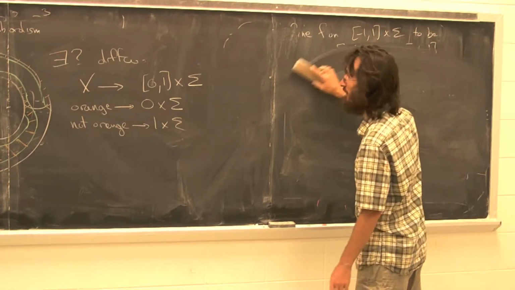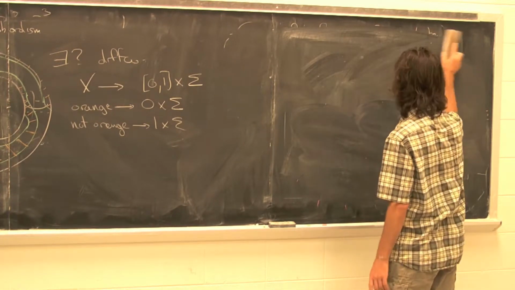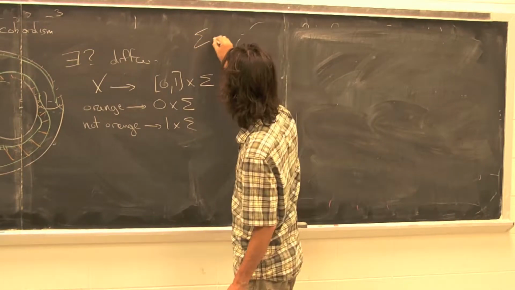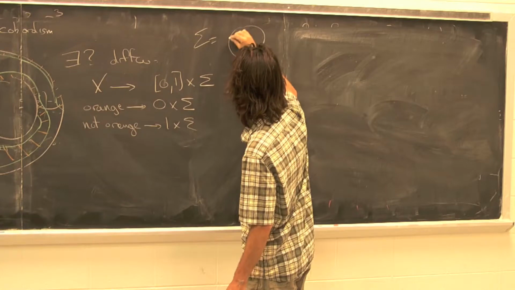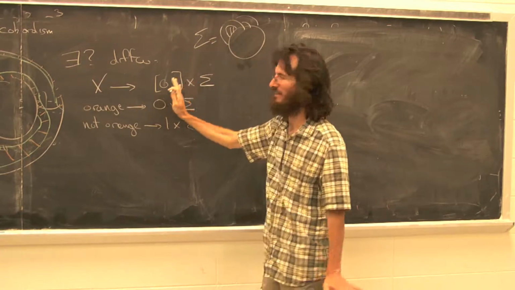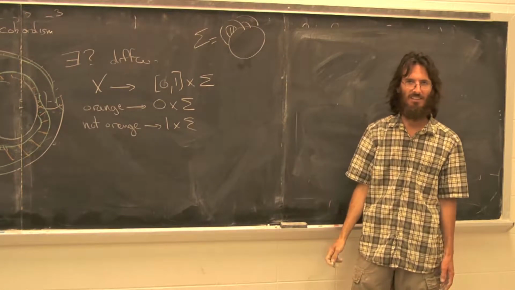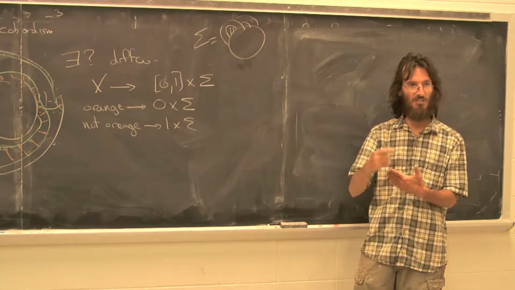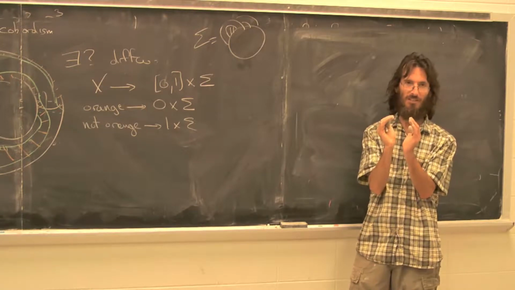Well, okay, so first of all, X itself, we know is diffeomorphic to 0, 1 cross sigma equals this, right? X is diffeomorphic to that, that's fine. But it's a relative question. We've got a particular decomposition of the boundary into 2 parts.